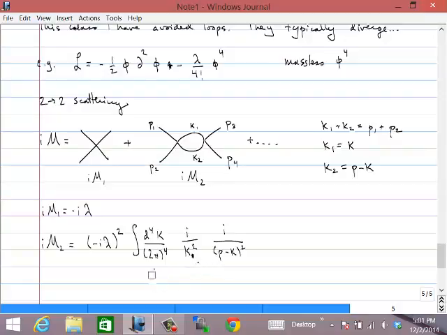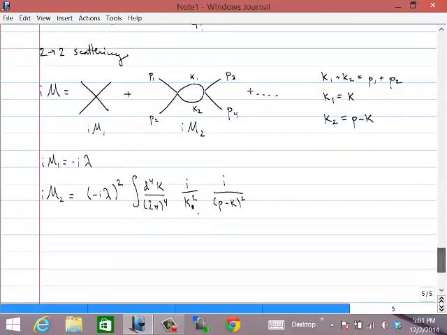So let's go ahead and stare at that integral for a second. The first thing that you need to notice is that at very large values of the magnitude of k, this integral looks like an integral d4k over k to the fourth. That's a divergent integral.